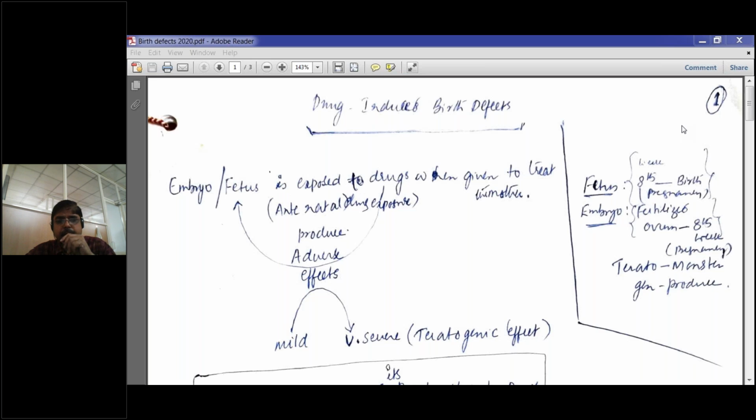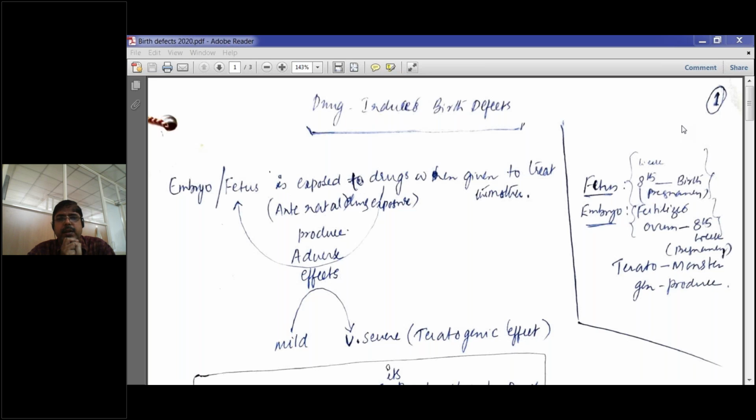Then the chance of the effect from such drugs on the growing fetus will be very less or no. Usually it is no. So usually in such a case, if a non-pregnant woman takes the drug, it does not produce any effect on the growing fetus because the woman is not pregnant, right? I hope this is clear.